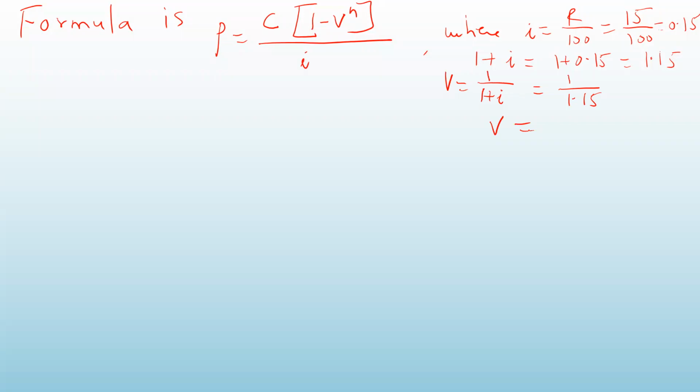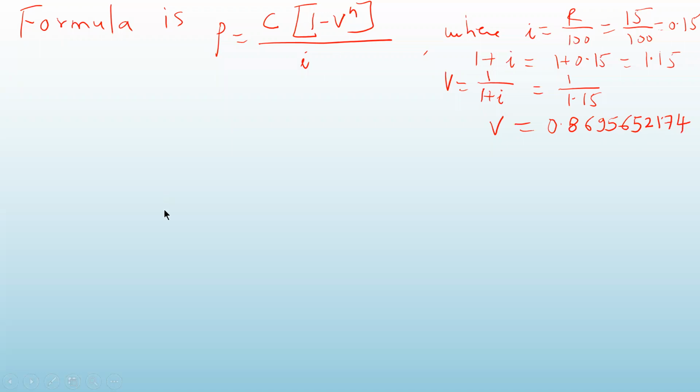It is equal to 0.8695652174. This is your value of V. You have to write down all the digits after the decimal place.